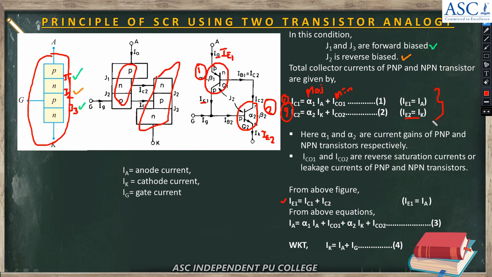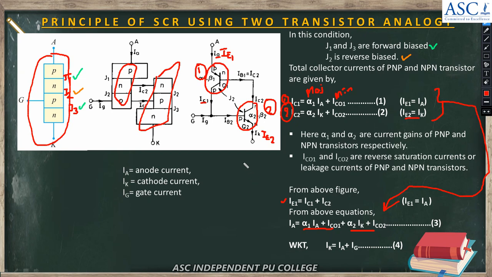Then IA equal to alpha 1 IA plus ICO1 plus alpha 2 IK plus ICO2. Call this as equation 3.